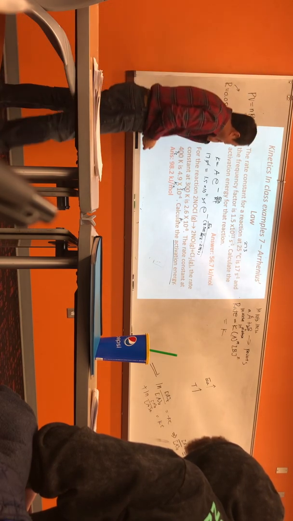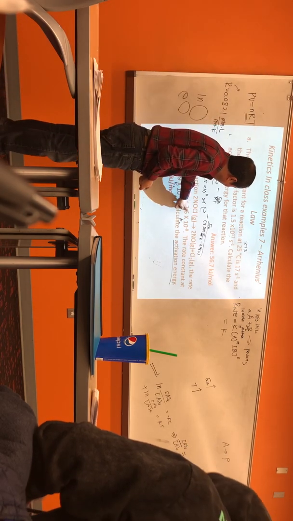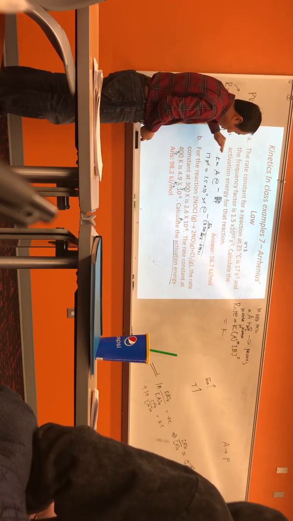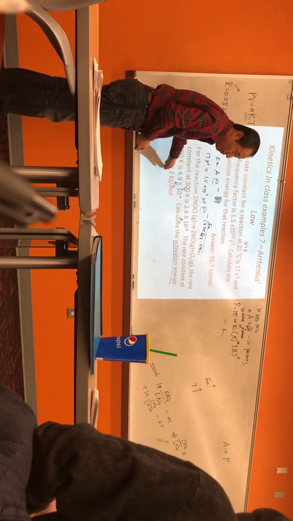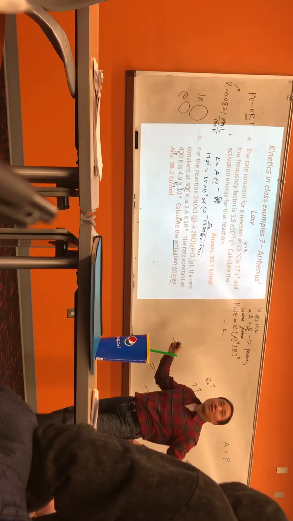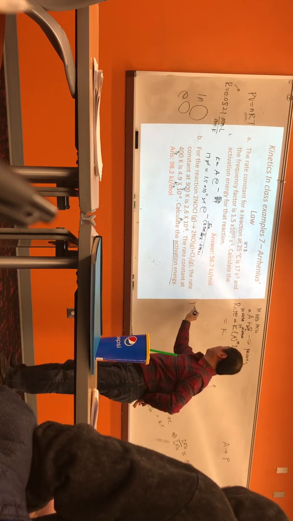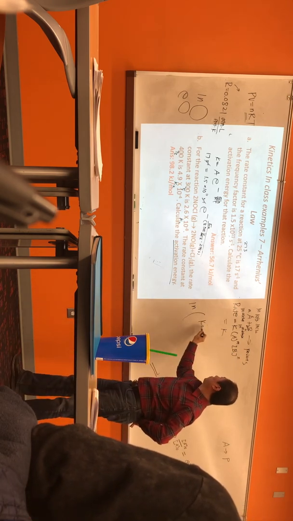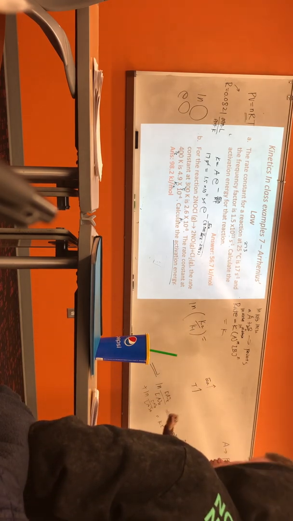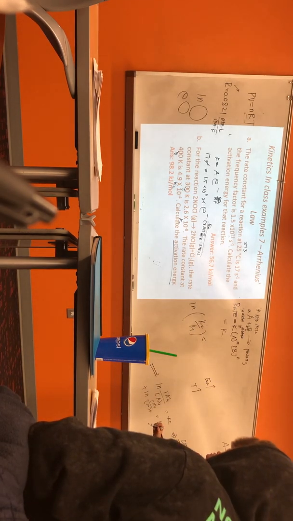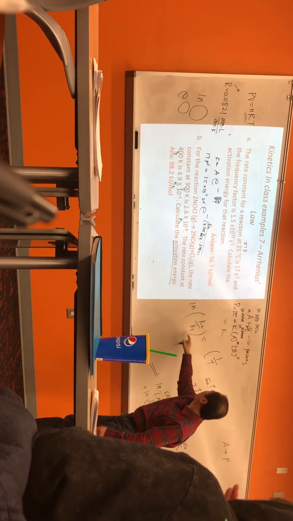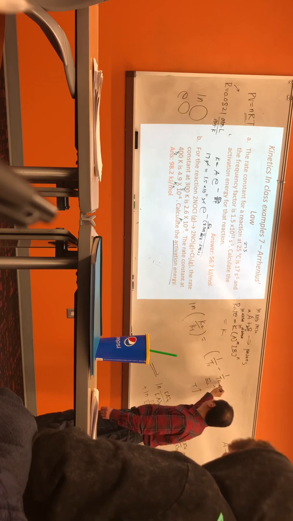Any temperature and rate constant should remind you of the Arrhenius equation. But when you have two of them, you use this one: ln of k2 over k1 equals, what's the formula? 1 over T1 minus 1 over T2.